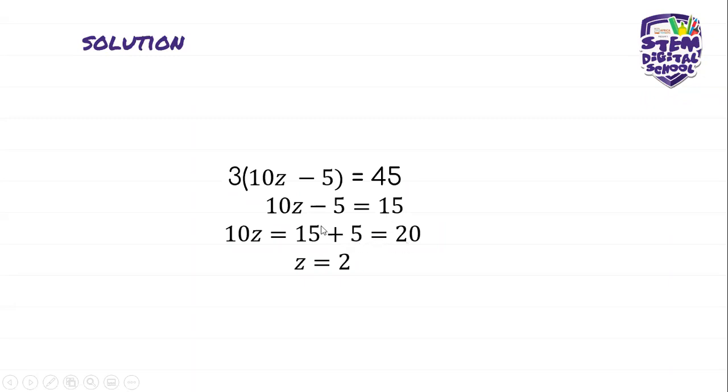Now to get rid of the 10, which is now the coefficient of z, all that you need to do is to divide both sides by 10. So if you divide 10z by 10, you'll be left with z, and then if you divide 20 by 10 there, you'll be left with 2. So meaning that our z there will be 2.